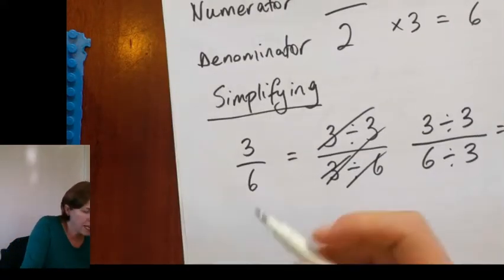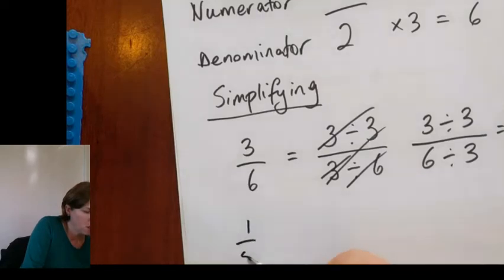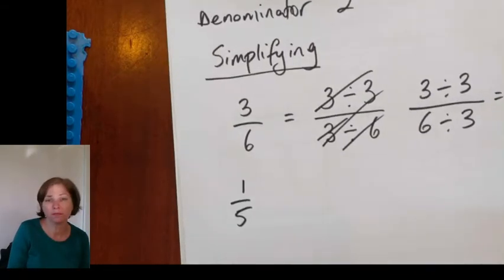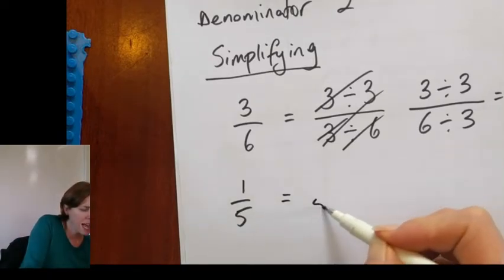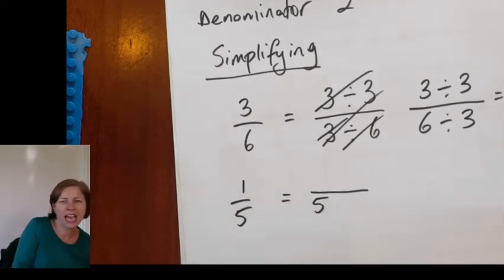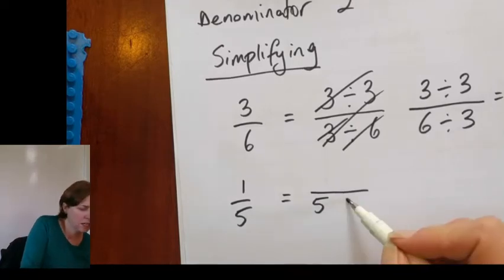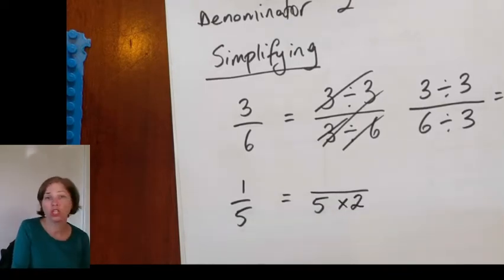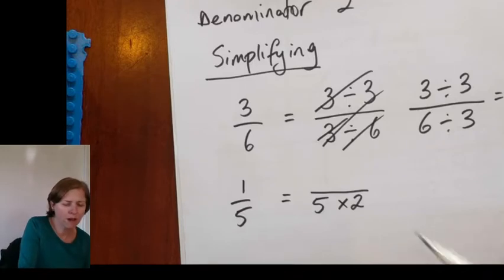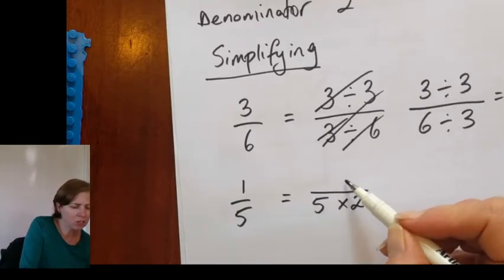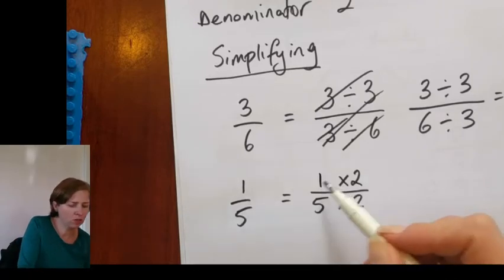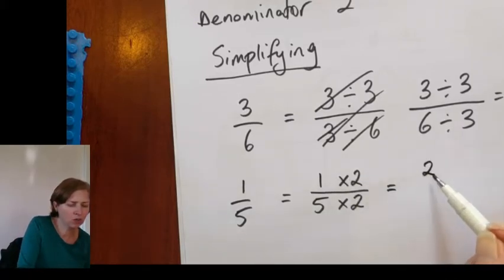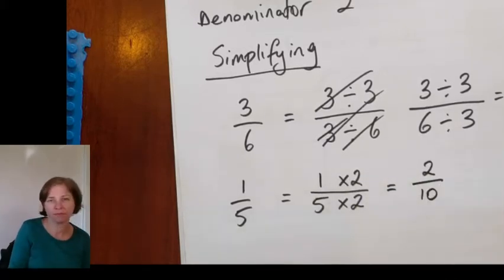If I want to find an equivalent fraction for 1/5, but I actually need tenths, well, how do I make 10 out of 5? I'm going to multiply it by 2. So if I multiply the denominator by 2, then I also have to multiply the numerator by 2. So I end up with 2/10.